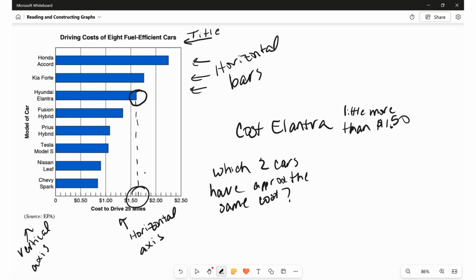Well, there's a couple that are close. Like these two are fairly close. In my opinion, I think these two are much closer. So maybe we would say that it is the Prius and the Tesla. So, several different things that we can tell from this horizontal bar graph.